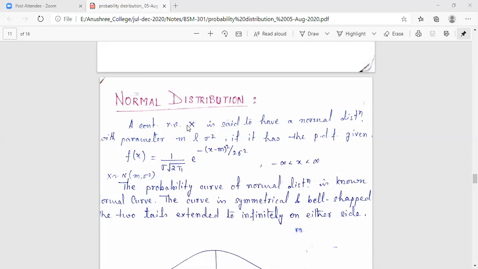Among the three distributions, the one we are going to learn today, the normal distribution, is the most important, not only for your examination but for your further studies also. Whenever you deal with distributions, probability, or theoretical problems, the normal distribution will be required again and again, as it is a standard.